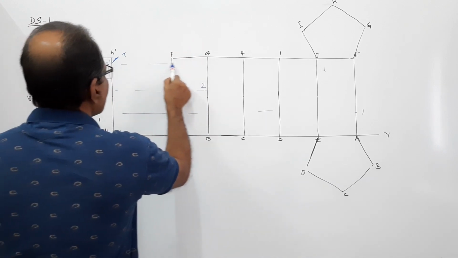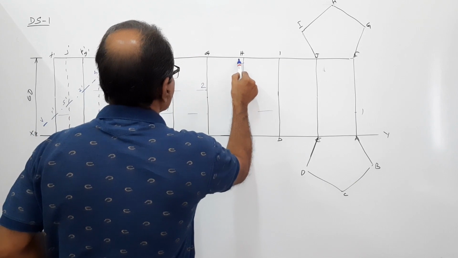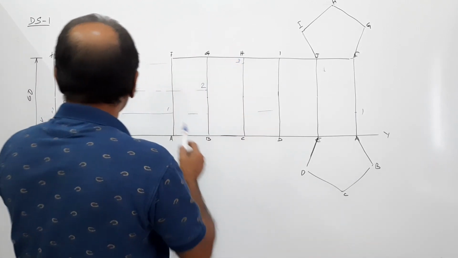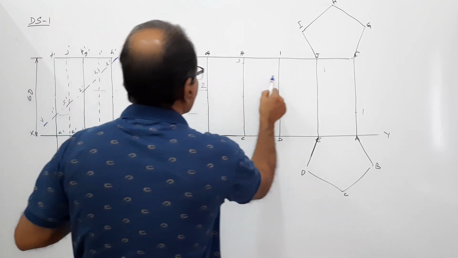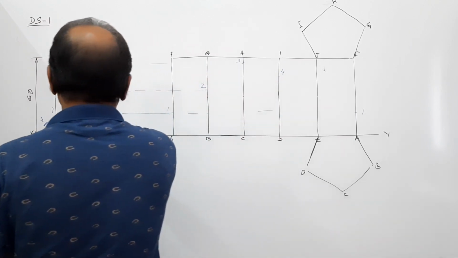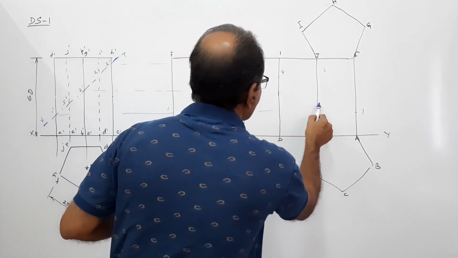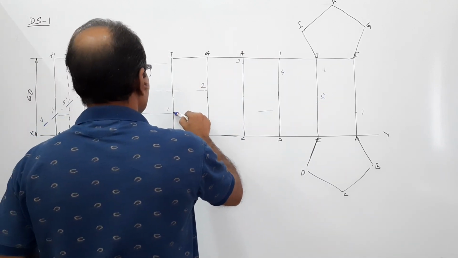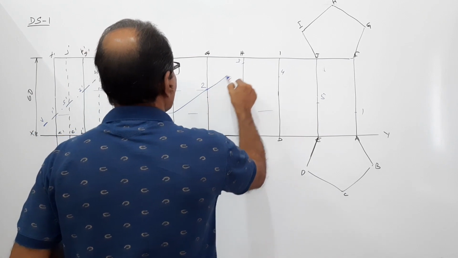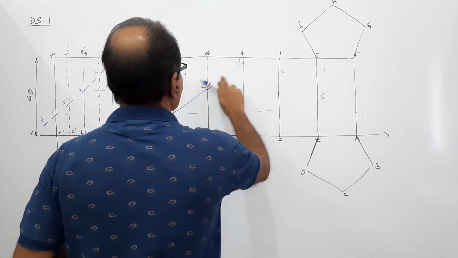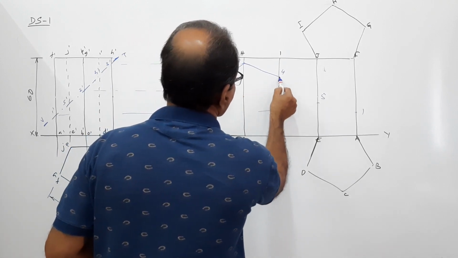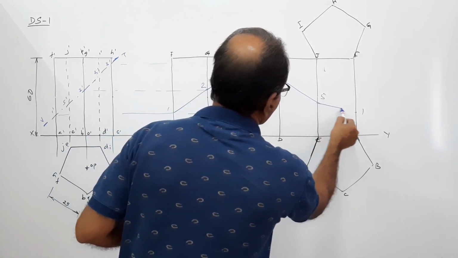Then 3. Where is 3? 3 is on CH. C dash H dash. So, this CH will have 3. Then 4. 5. Agreed? Connect them. 1 to 2, 2 to 3, 3 to 4, 4 to 5, 5 to 1.